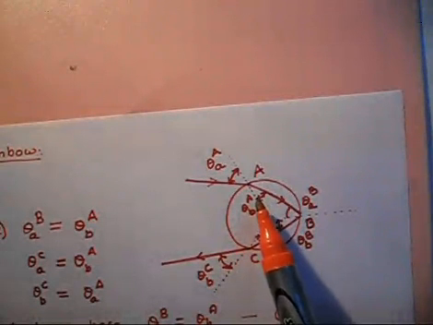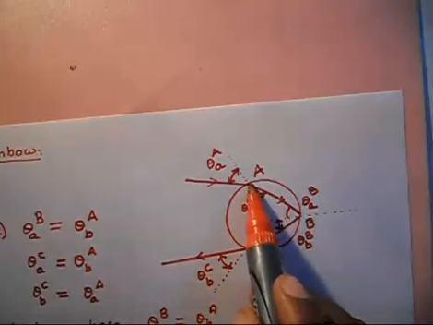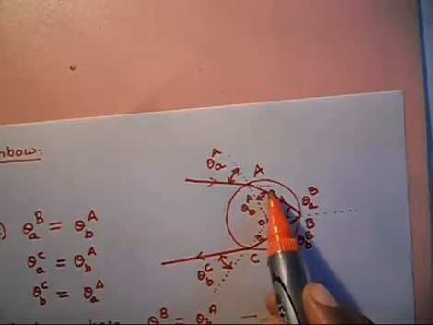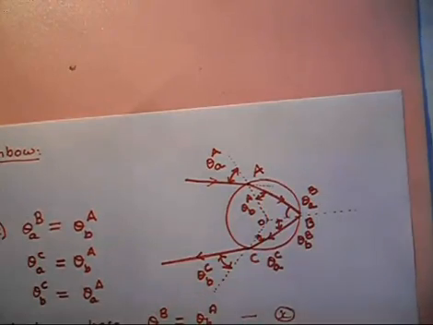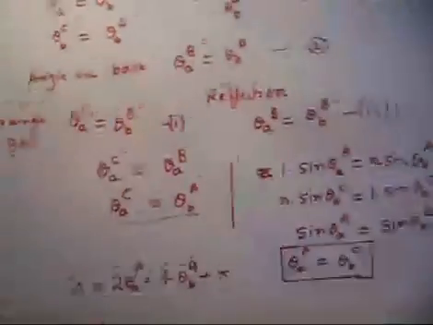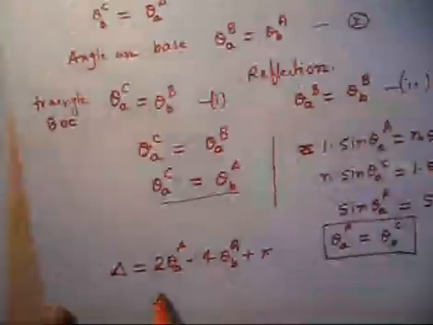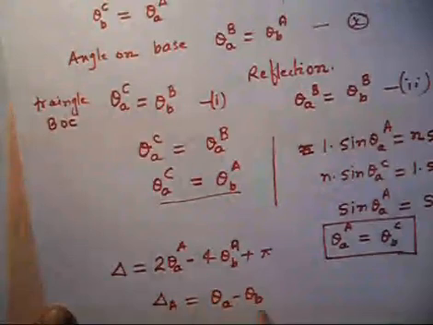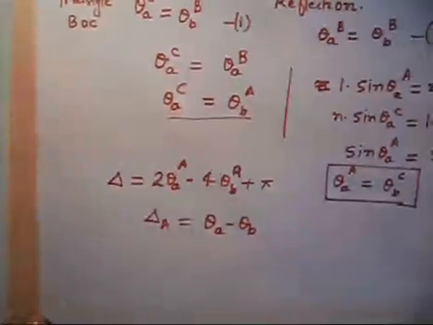If this goes something like this, this angle will be theta a, but now the angle is theta b. So the angle of deflection is theta a minus theta b. So I can write at point A, deflection is theta a minus theta b.